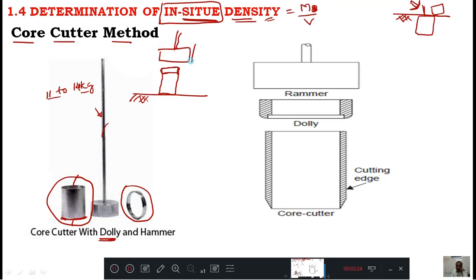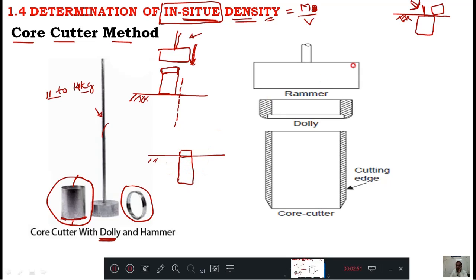You hit it up and down continuously. Do not count the number of blows. Just hit it so that it slowly goes inside. When it goes inside, it looks like this. See, this has gone inside and your dolly is here.